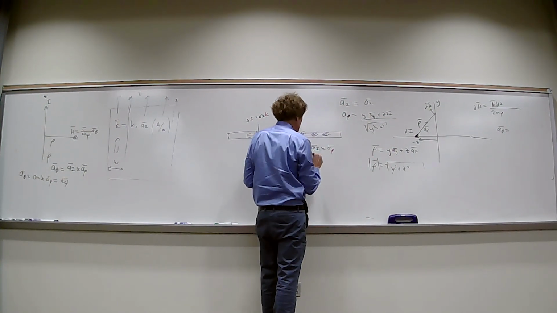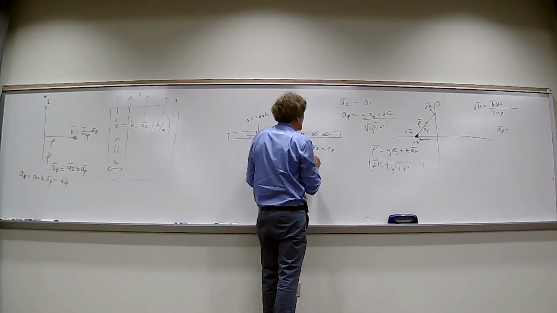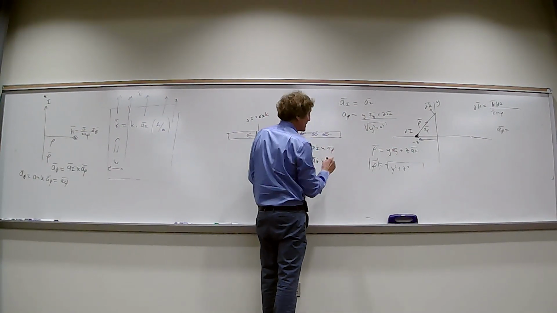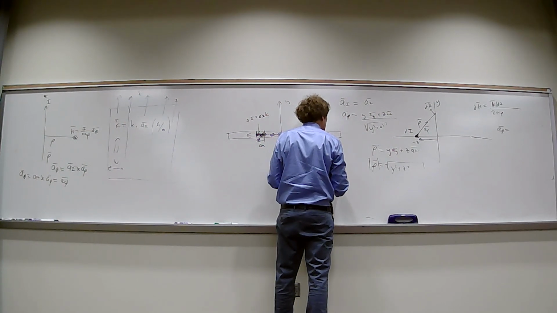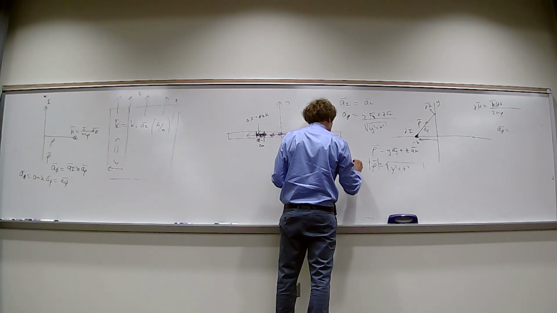That's AZ crossed into a rho, which is y ay plus z az all over y squared plus z squared to the 1/2 power.